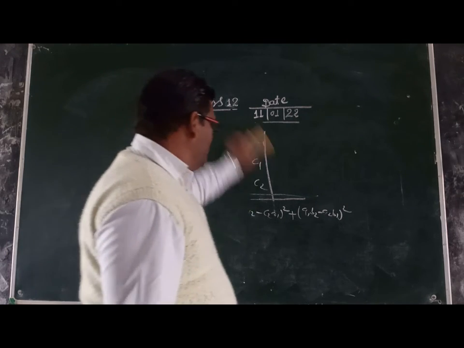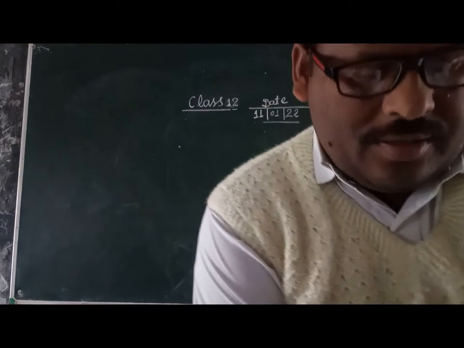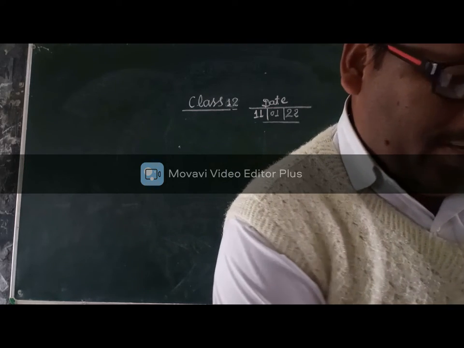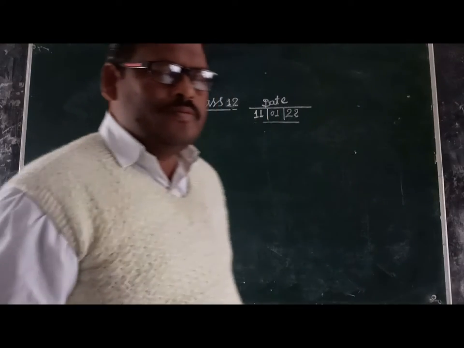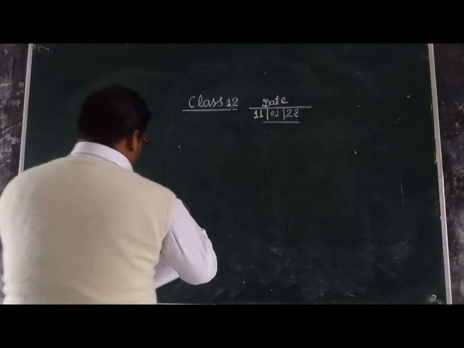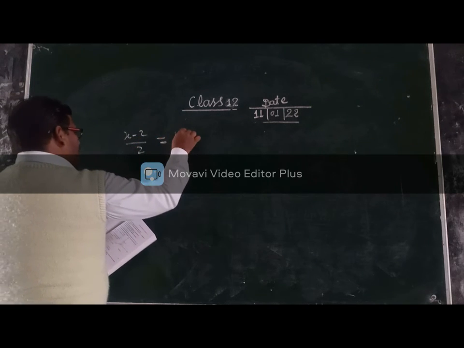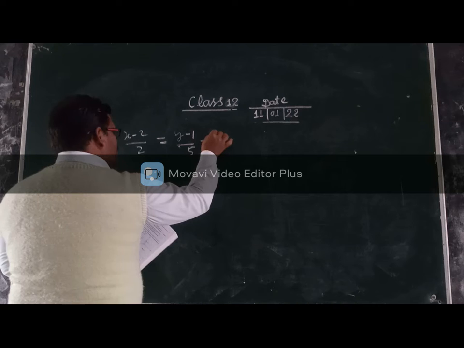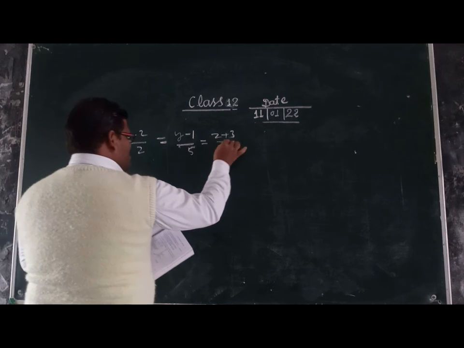Now, an example, to find the shortest distance between the lines. The given lines are: first equation, (x minus 2) by 2 is equal to (y minus 1) by 5 is equal to (z plus 3) by minus 3.